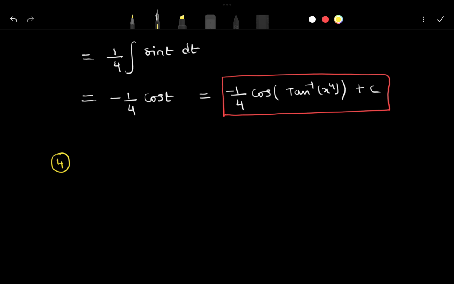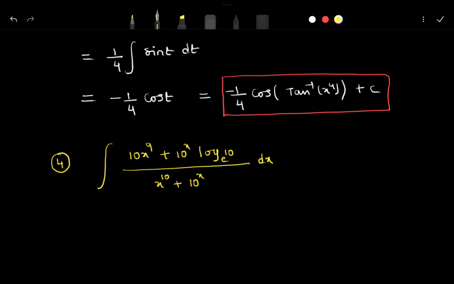Now, the integration of 10 into x to the power of 9 plus a to the 10 power x into log 10 base e, whole divided by x to the power of 10 plus 10 power x, into dx.